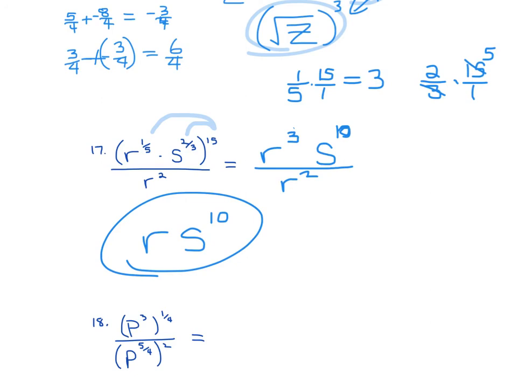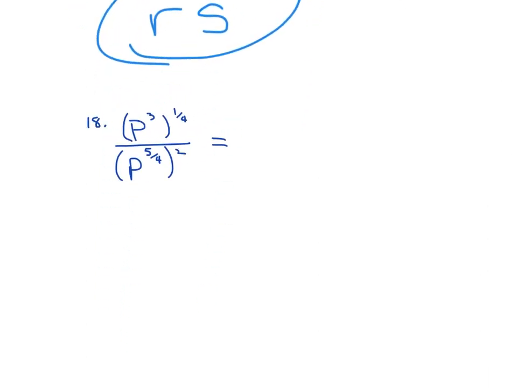So for 18, I am going to multiply 3 times 1/4, and I will get p to the 3/4 power. The bottom, I'm going to multiply p and get 10/4. Now, I could simplify that and make that 5/2, but remember, I got to subtract here. So I'm just going to leave it so I have a common denominator.